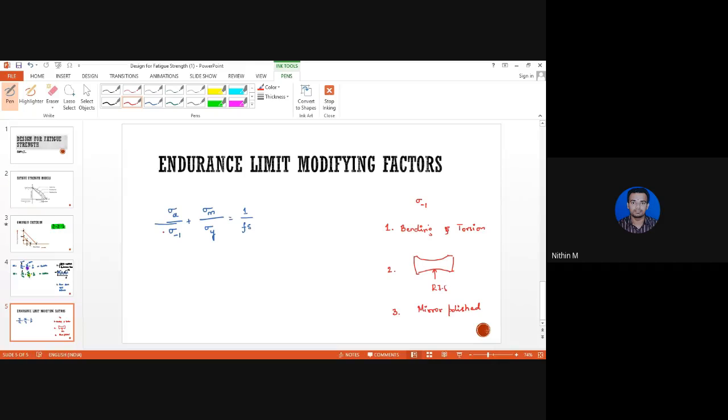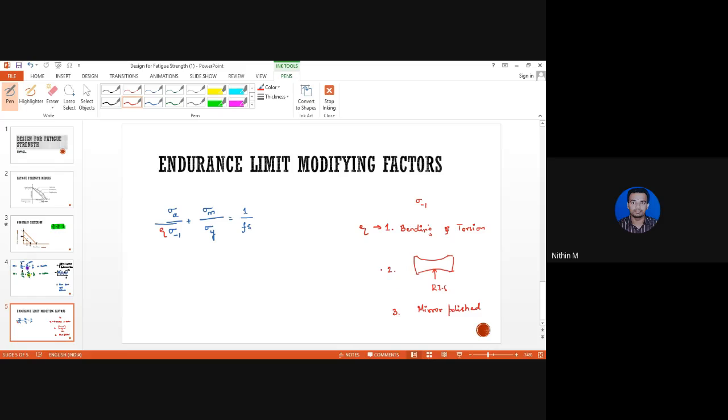Suppose I call the load factor KL, or say EL as given in your handbook, EL is the load factor which should be multiplied to the endurance limit, because the type of load that is actually applied to the component is different than the type of load that was applied to the test specimen, right? This is the first thing that you need to observe.